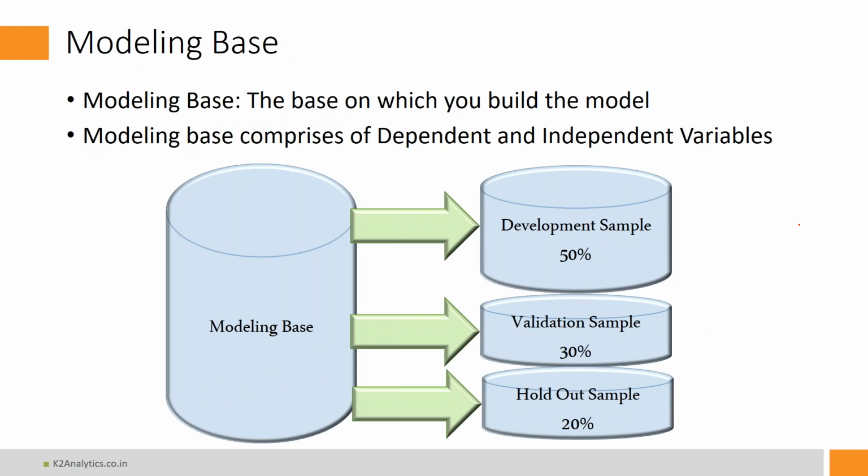Now comes the modeling base. What did I start with? I said the entire set of customers who made usage of data services in January. I am seeing their behavior in February. So what is my modeling base? The customers who used data in January, that becomes my modeling base.